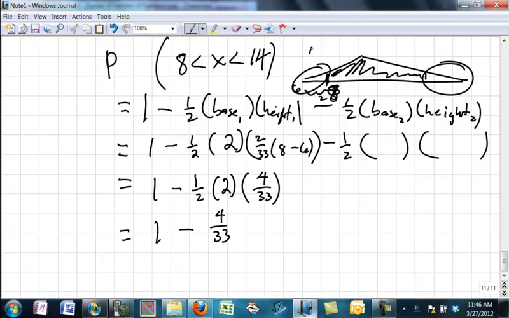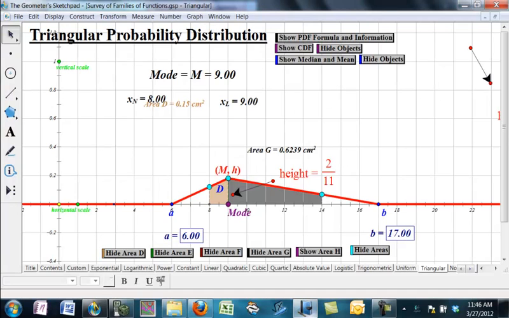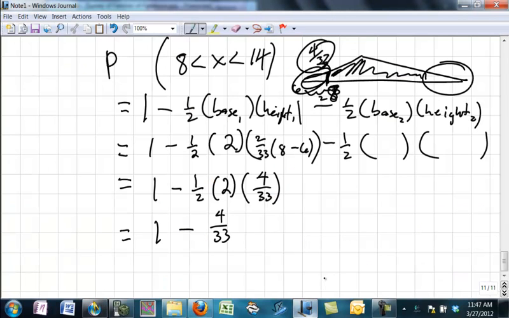Now do the same thing down here on this end. If we look at it right, it goes from 14 to 17. So from 14 to 17, that's a distance of 3, so that's the base. And the height is going to be this thing right here at 14. So this is 14 minus 17. I forgot the slope. It's some negative number. What's the slope there?